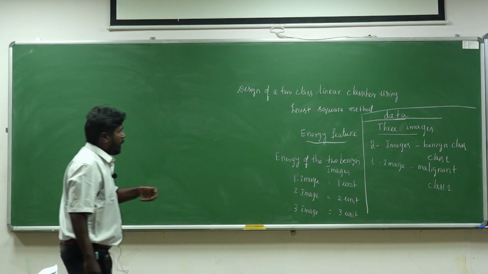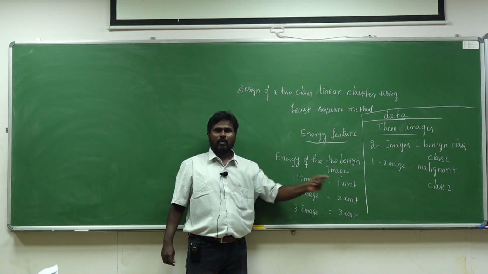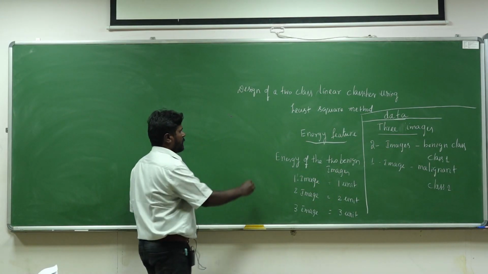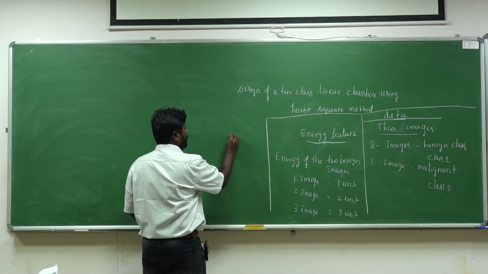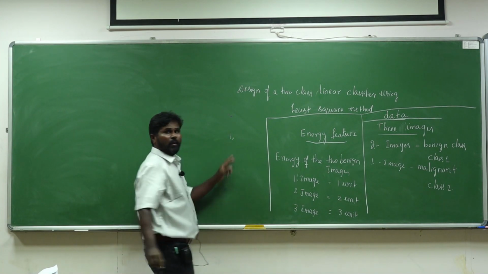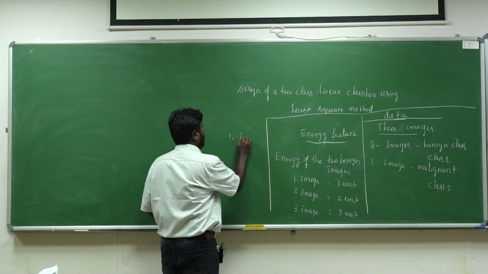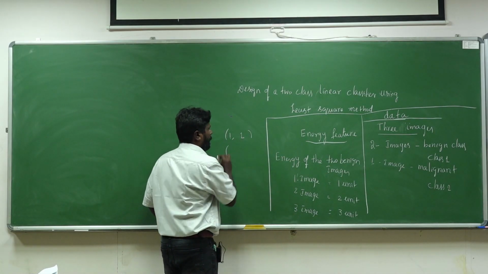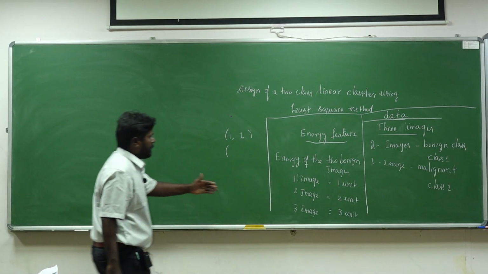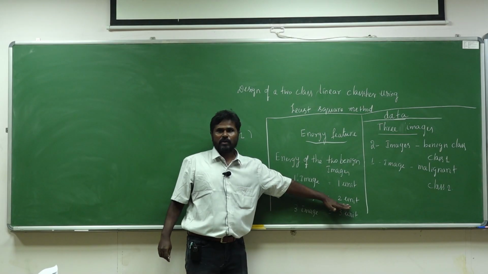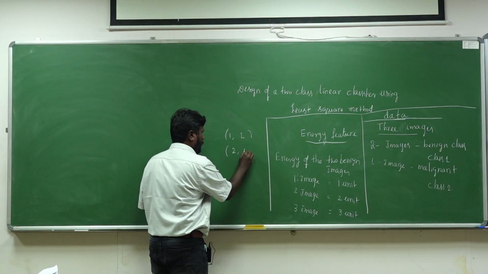Now, the first image feature, this one feature value, belongs to which class? Class 1. And the second image, the 2 feature value, belongs to again class 1.